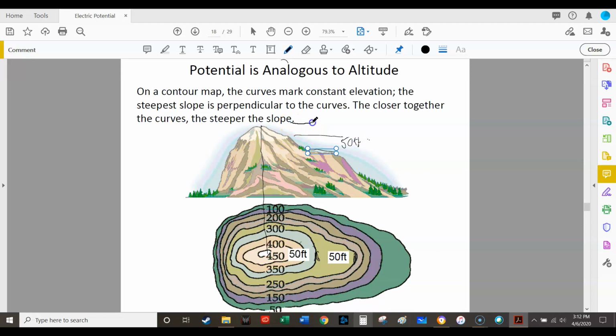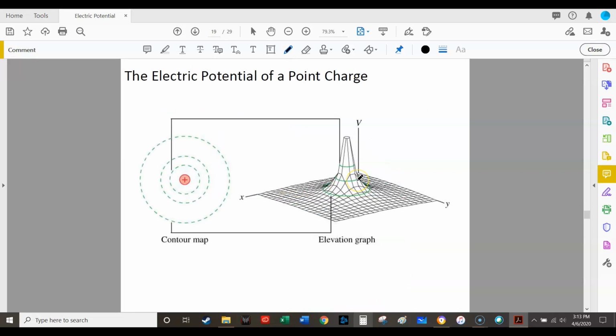Well, that means this is also going to be a 50-foot difference in height. So that's what these lines are. They're little chunks of this mountain up by 50 feet. And then you have another 50-foot difference here, and then another 50-foot difference, and so on and so forth. So you're just taking little slices of this mountain. Well, that's what we're doing here in three-dimensional terms. So that's what voltage is.